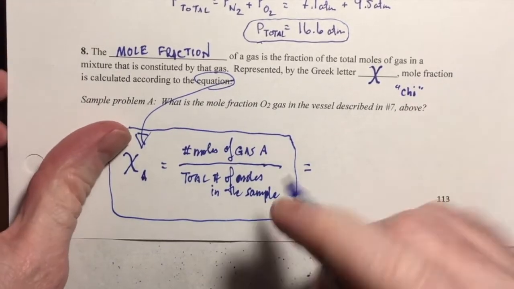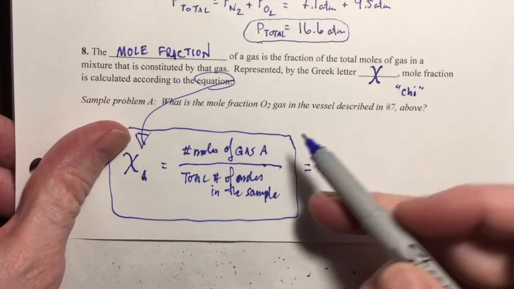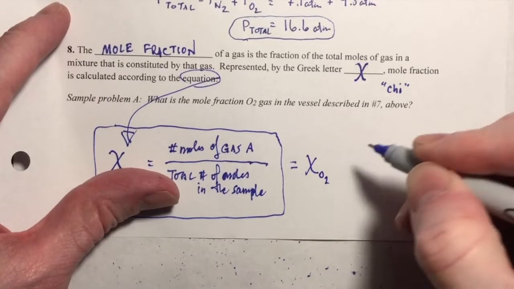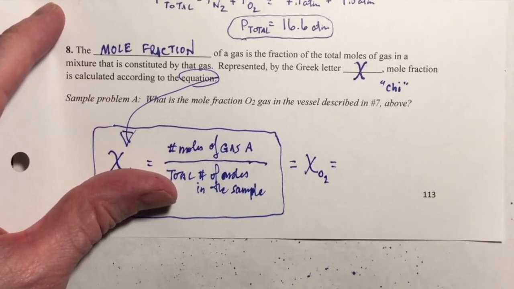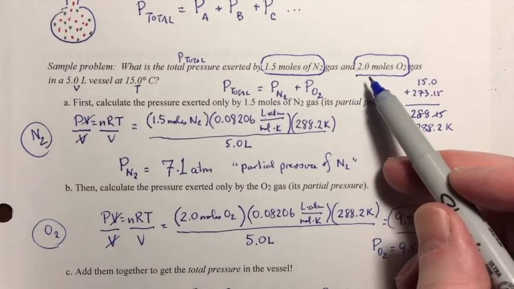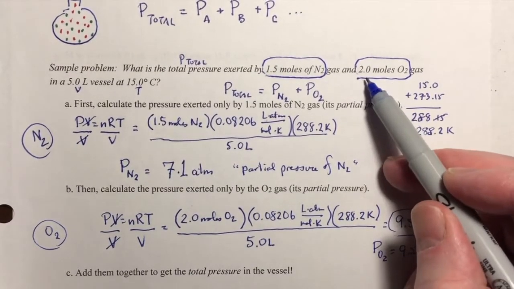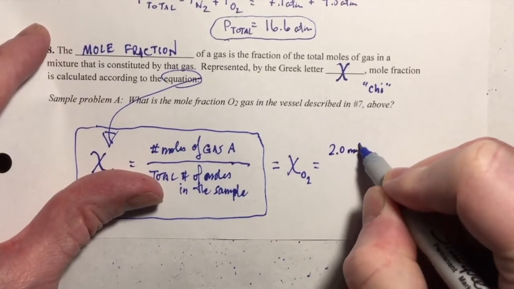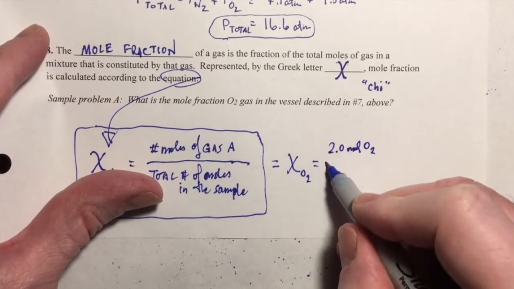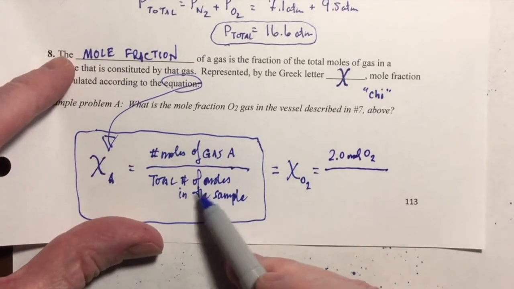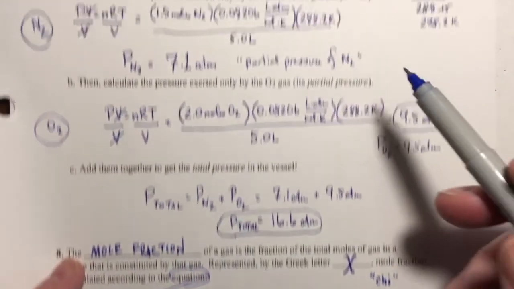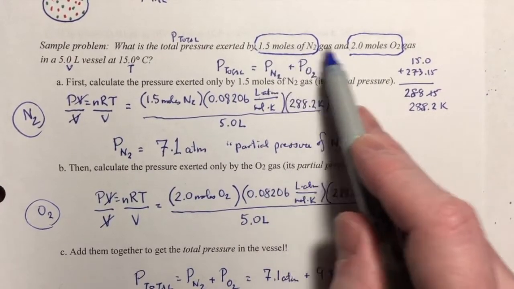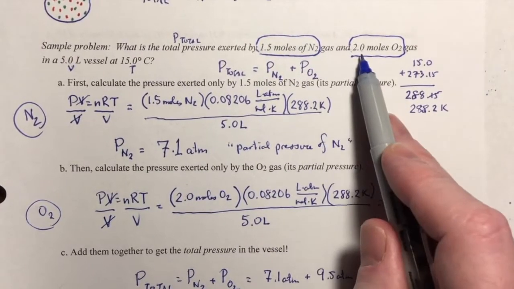Okay, coming back to this work, we're going to input the number of moles of gas A, which is the oxygen in this case. So we're going to say the mole fraction of O2, that's what we're calculating. The moles of oxygen gas we were given as 2.0 moles. And we're going to divide it by the total number of moles in the sample. To get that number for the denominator, we're going to have to add these so that we get the total number of moles.